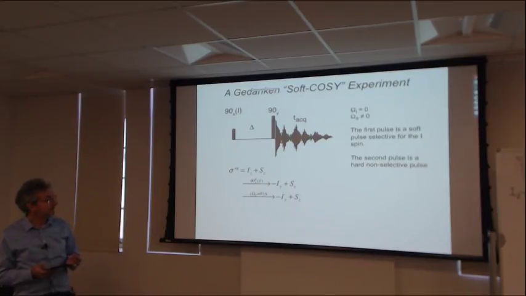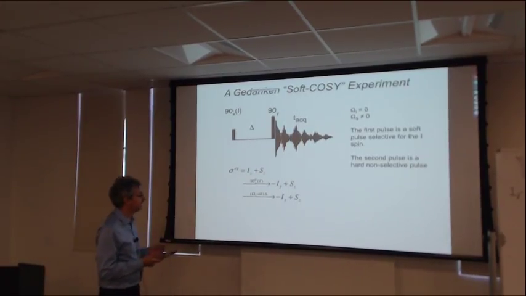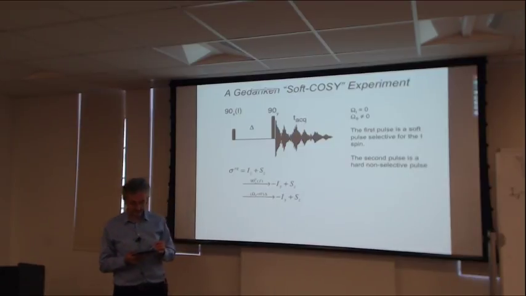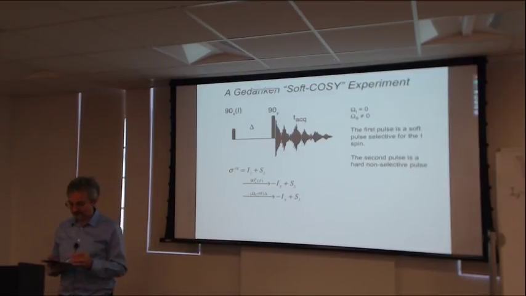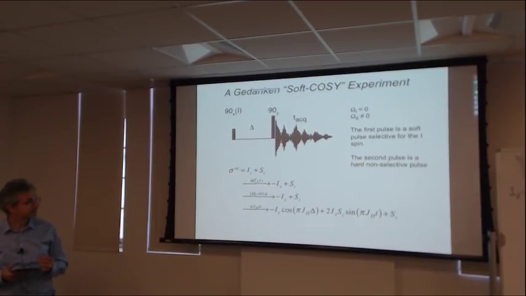And now we have evolution, and we'll pretend we're on resonance with the I spin. So if capital omega is 0, then of course there's no evolution during the period of delta due to chemical shift. But there will be evolution due to scalar coupling.